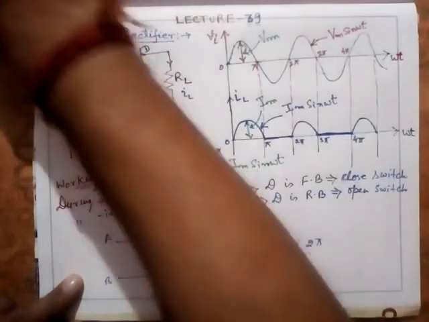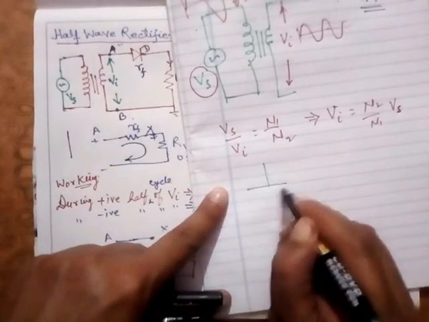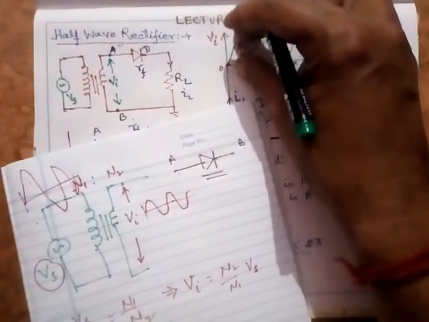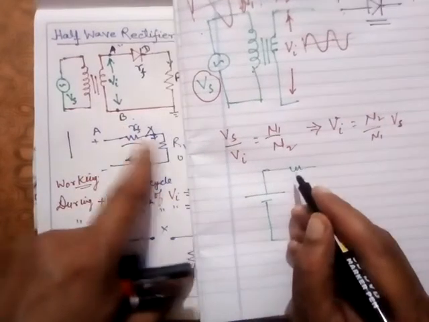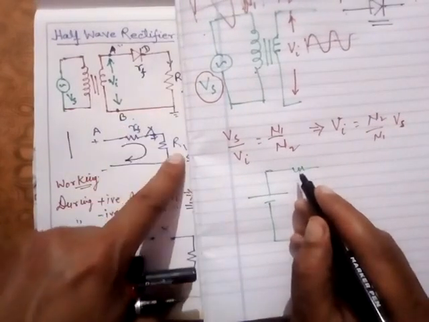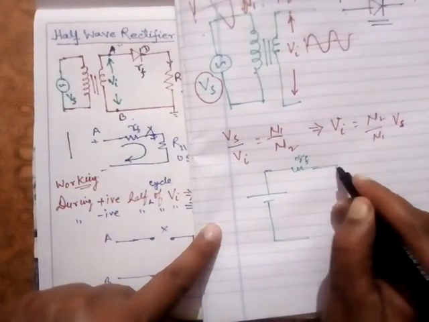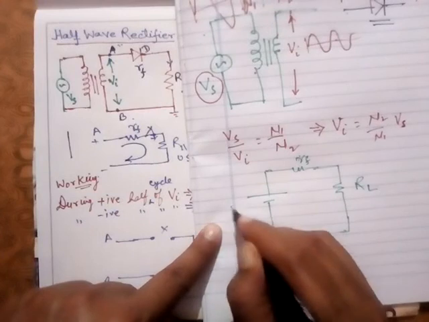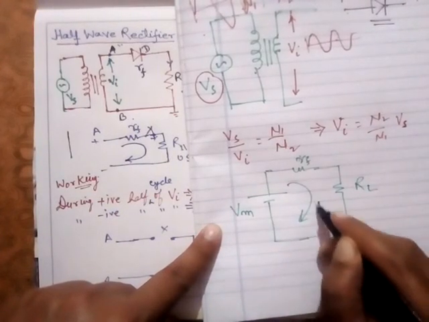Now suppose this is the condition when V is equal to Vm. I am drawing this again here. I am taking only that case when V is equal to Vm, when this is maximum. Of course, A is positive. You have this Rf and this is RL. When this V is equal to Vm, under that condition, I is equal to Im.